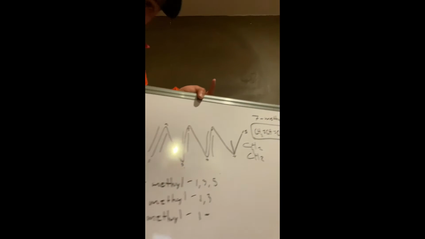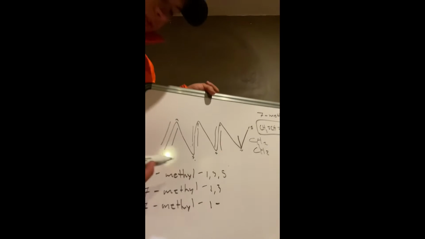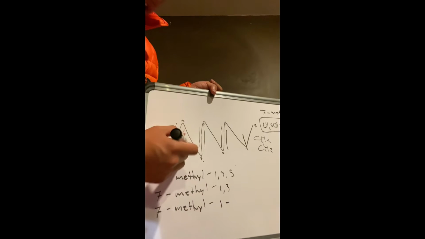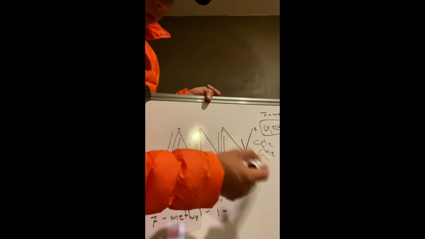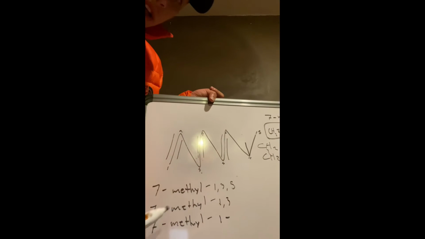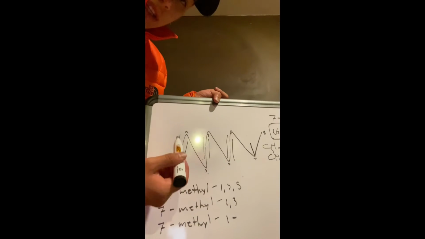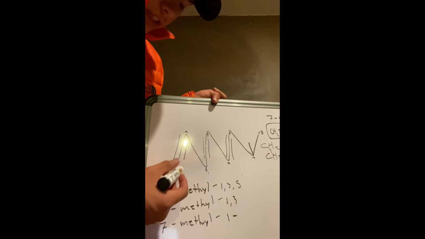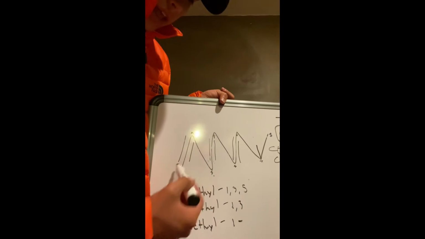So in this problem, this is another way to represent the carbon chains. We've got a double bond right here, but right here we don't have one. We also have one right here and one right here. Because we have one right here, we can start from here, the closest to the number 1 if we count from left to right.